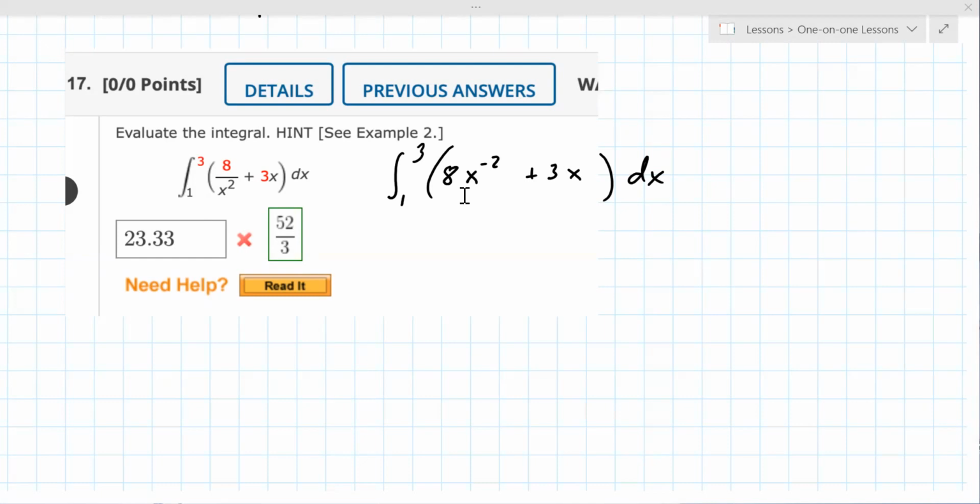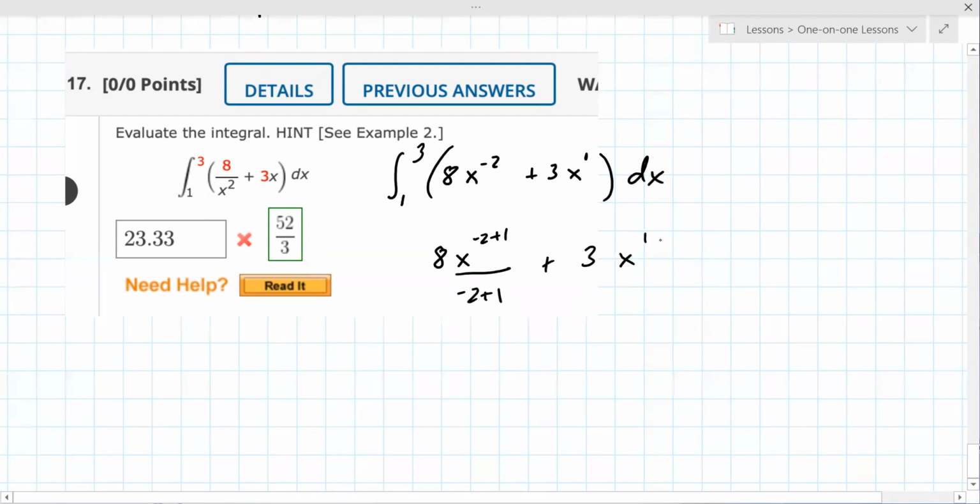So this one is 8x to the minus 2 plus 1 over minus 2 plus 1. This is 3x to the 1 plus 1 over 1 plus 1. And then there would be a c, but we have to evaluate it now from 1 to 3.